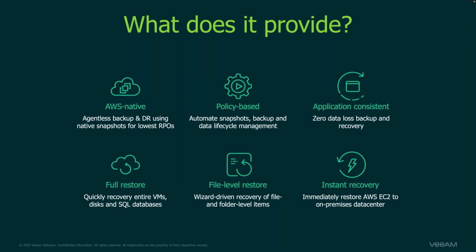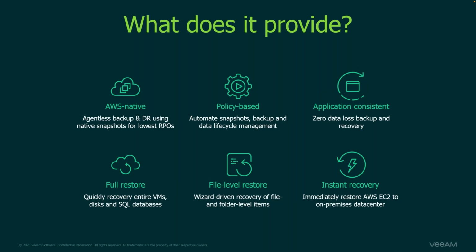The third point is related to application consistency, because there would be cases when you run some of the biggest servers in AWS and you use those, especially in conjunction with databases.